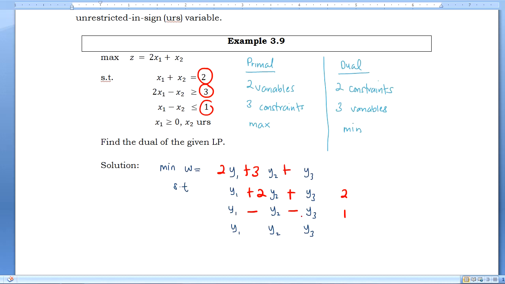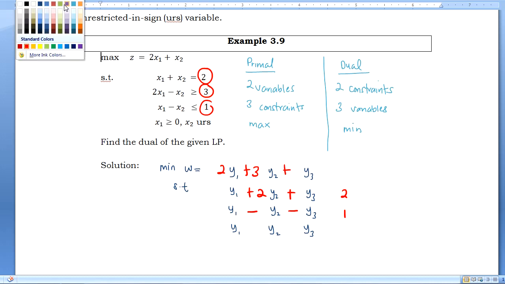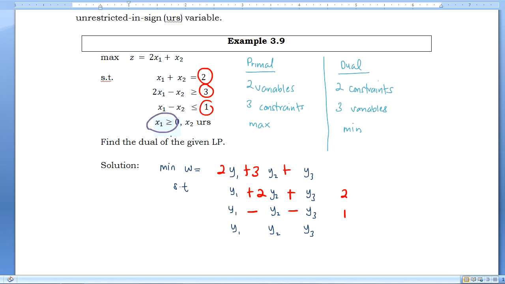Okay, now let's get the sign of the constraint. The sign of the first constraint comes from the sign of the first variable. The first variable, which is x1, is a non-negative variable.